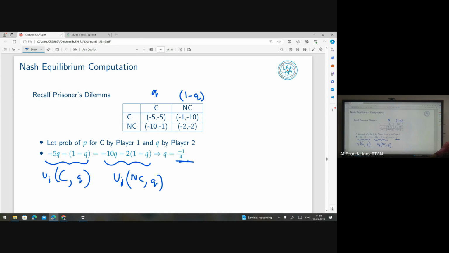I'll just eliminate that, and for the remaining strategies, if there are no more dominated strategies, I will randomize. So this characterizes more formally what constitutes a mixed strategy Nash equilibrium. So this gives us certain necessary and sufficient conditions to define what is a mixed strategy Nash equilibrium. Any doubts here?